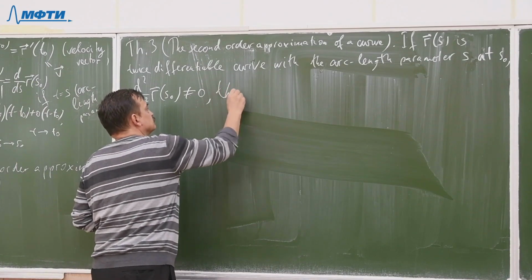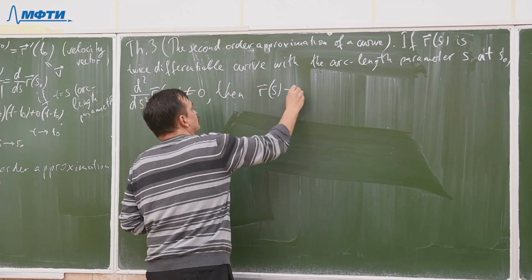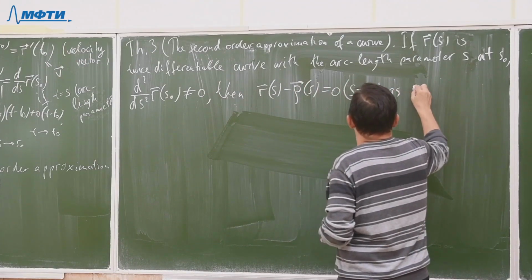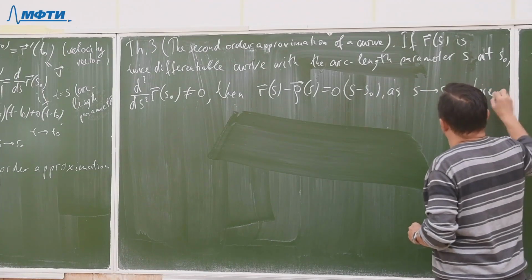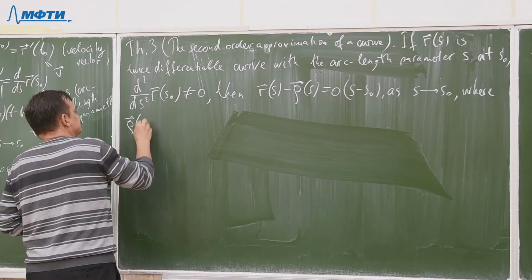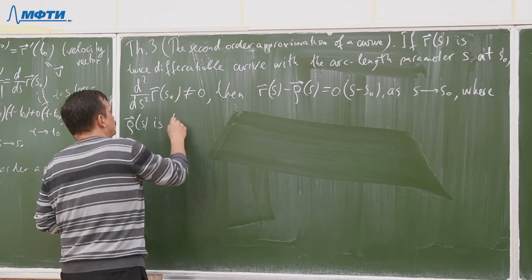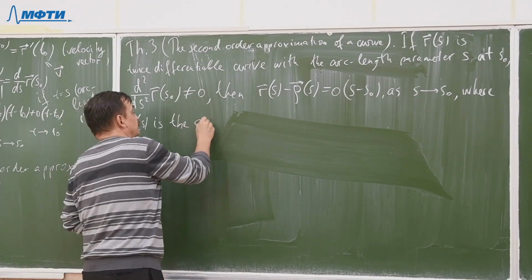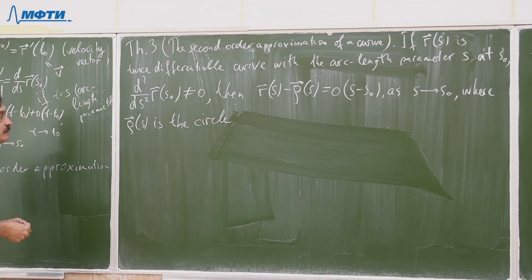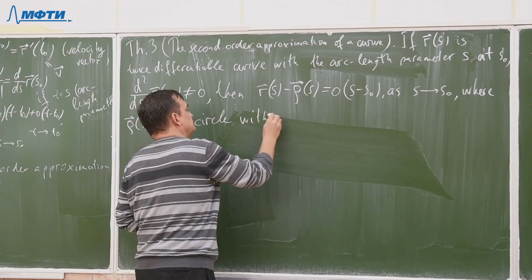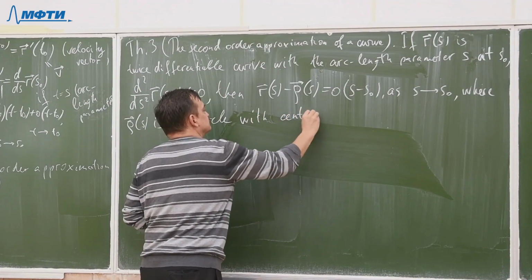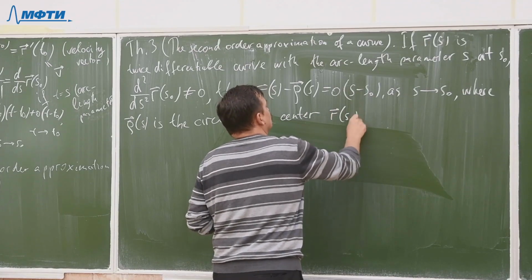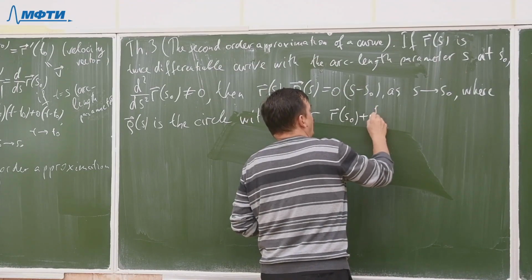then r of s minus rho of s is little o of s minus s naught as s tends to s naught, where rho of s is the vector, is not the vector, just the circle with center r of s naught plus 1 over kappa.